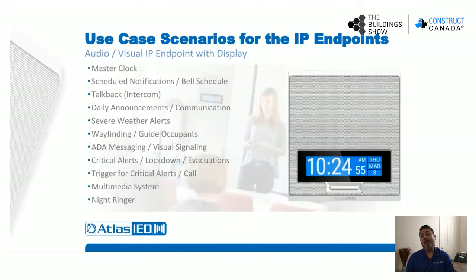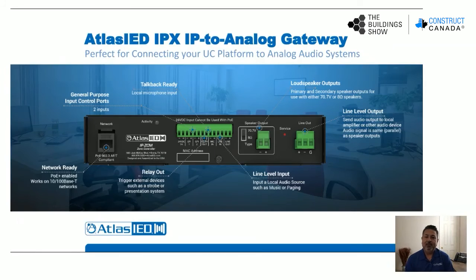Now, we did talk a little bit about, in the line drawings we showed previously, how we handshake with larger type systems, athletics as an example. If there's a need to handshake or work with an existing system like a performance venue or athletics area, AtlasIED provides IP to analog gateways to provide that type of connectivity into those analog systems.